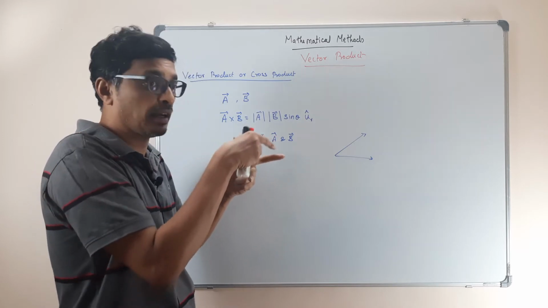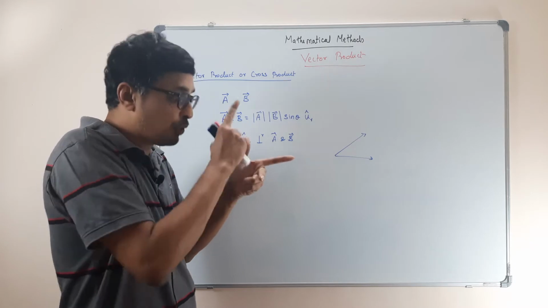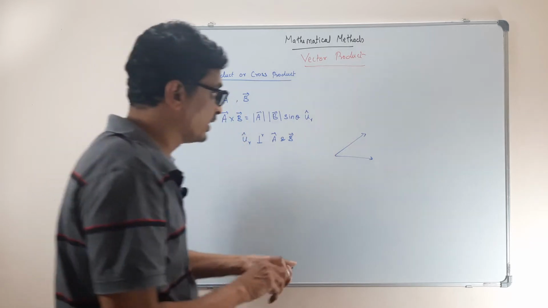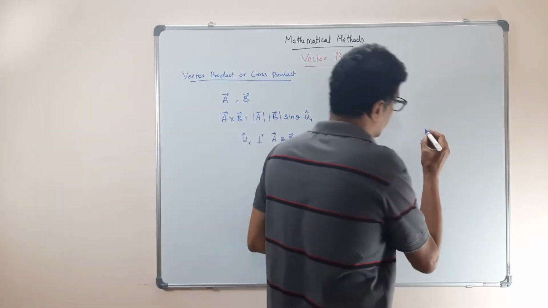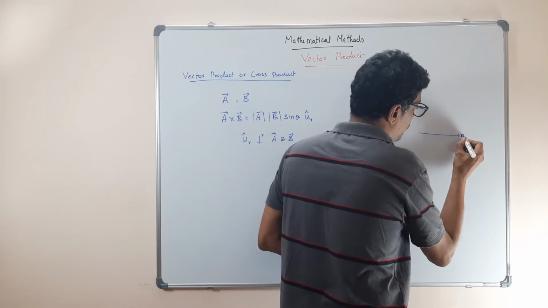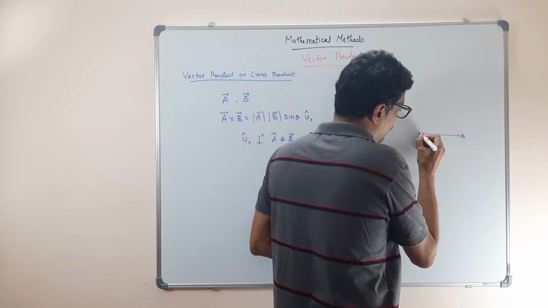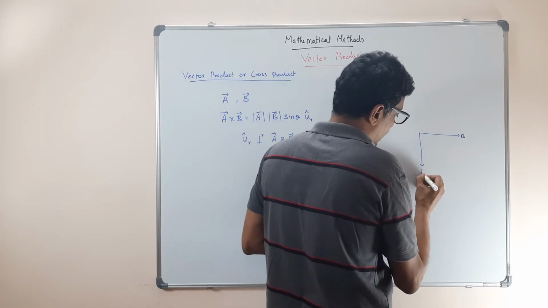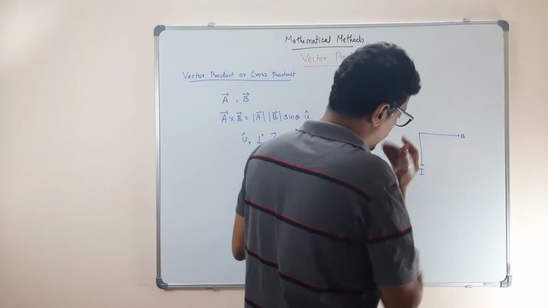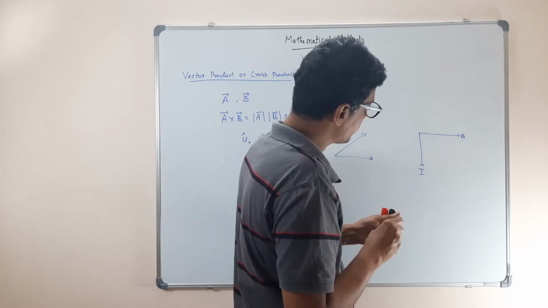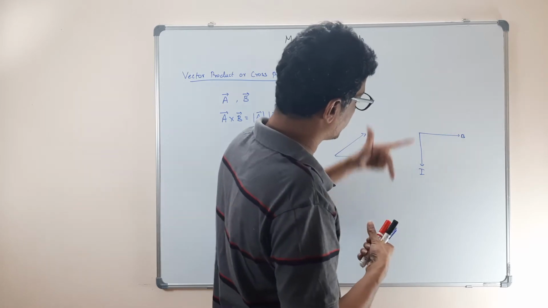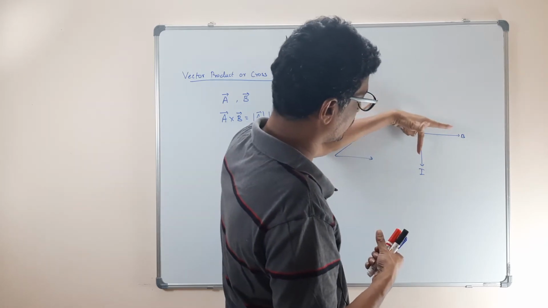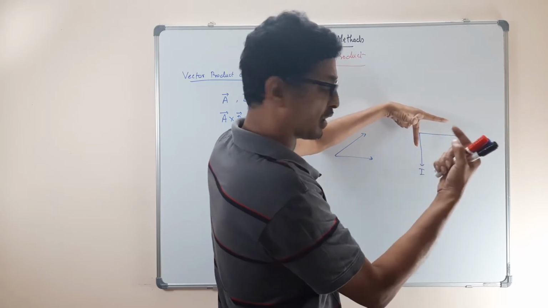If you represent the magnetic field as B, and this is the direction of current I, then according to Fleming's left hand rule, this is the direction of the current, this is the field, so the motion will be upwards, right?